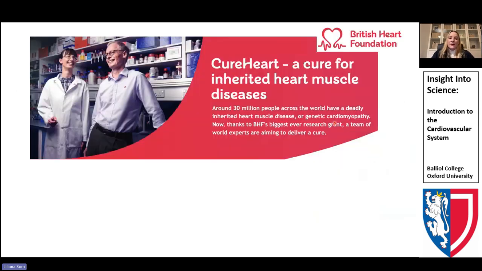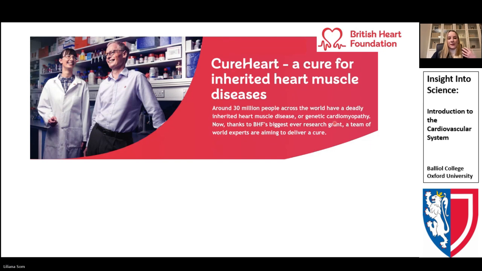A few years ago, Professor Hugh Watkins was awarded £30 million for the Cure Heart project. So that is the biggest grant BHF, the British Heart Foundation, has ever given to one project.